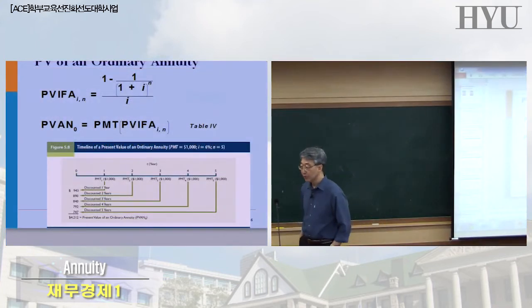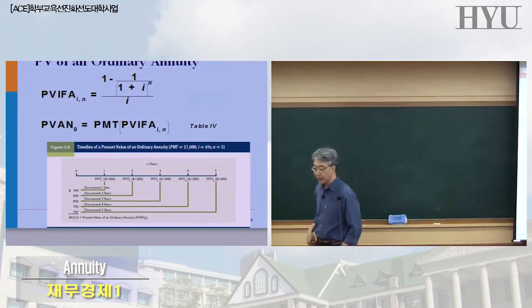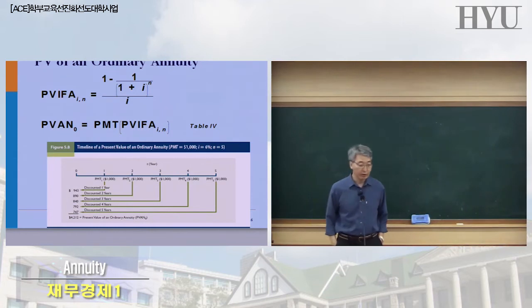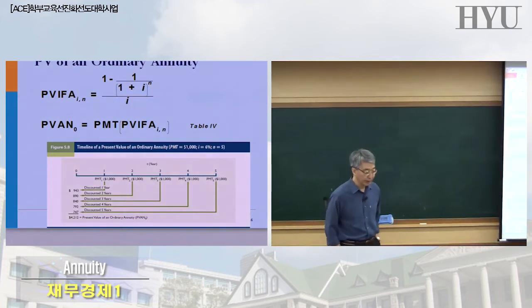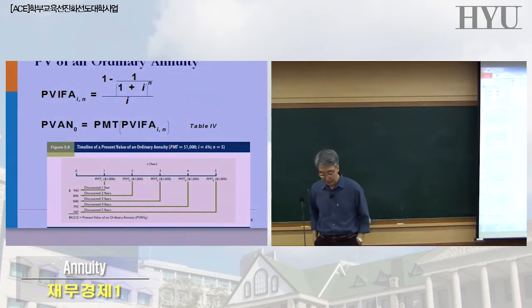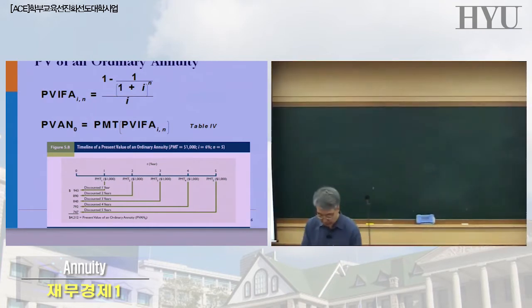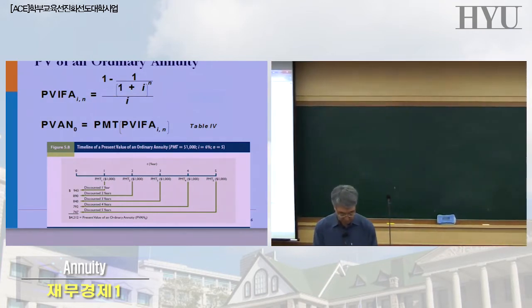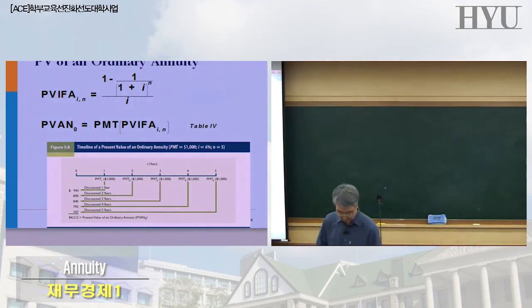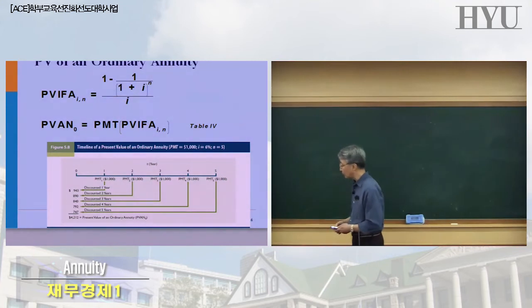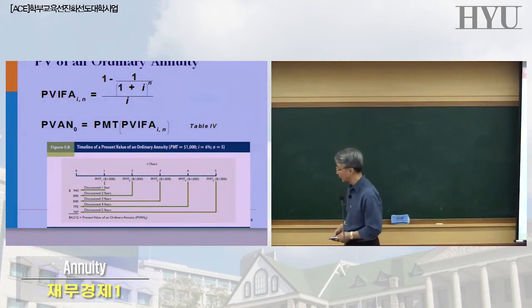All right, so this is the third session of Chapter 5, which is time value of money. And last class we talked about the annuities, okay? And I believe I explained how the formulas for annuity, future value and present value, have been obtained or arrived at. Okay.